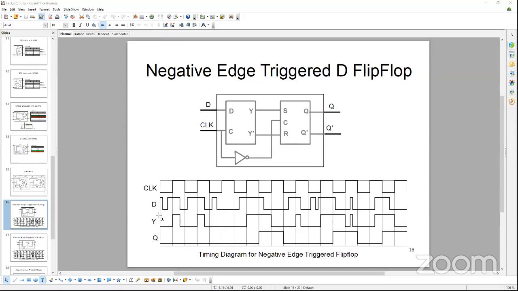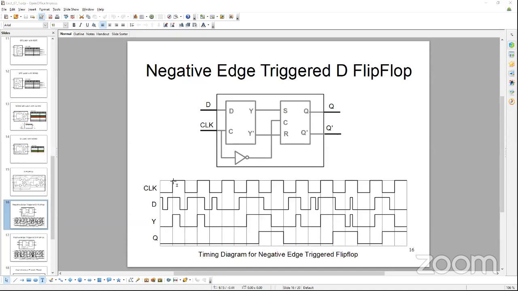And then try to correlate the pattern of Y, the output of this D latch. You'll see that during the positive logic of the clock, Y is following D. During the negative phase, D was 1, 0 and 1, it doesn't matter, Y did not follow. Y was kept at 0.